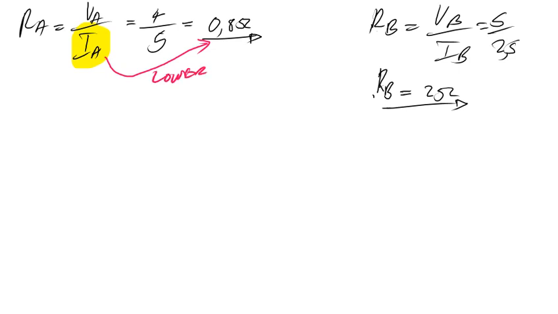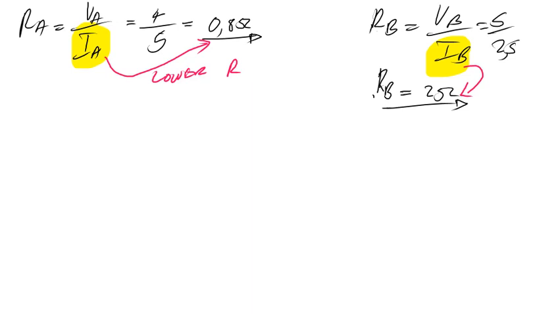Lower R. Here the resistance is 0.8, lower than the other one. The lower the current, the higher the resistance.